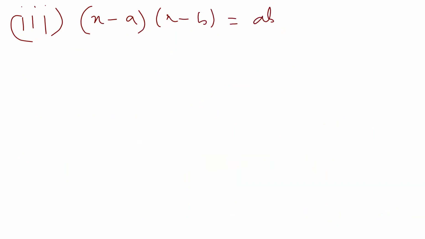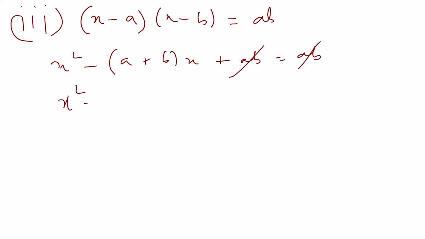Third one, (x minus a)(x minus b) is equal to ab. So x square minus (a plus b) into x plus ab is equal to ab. So this is gone.